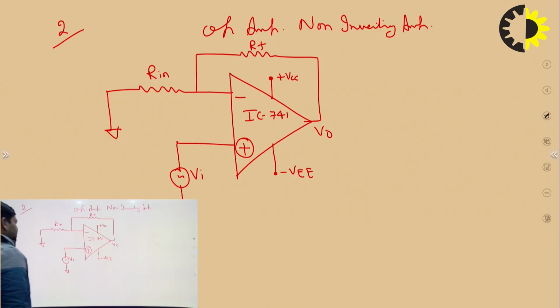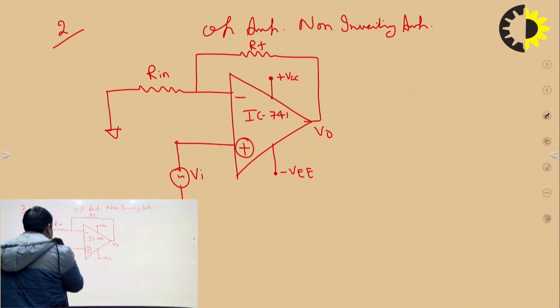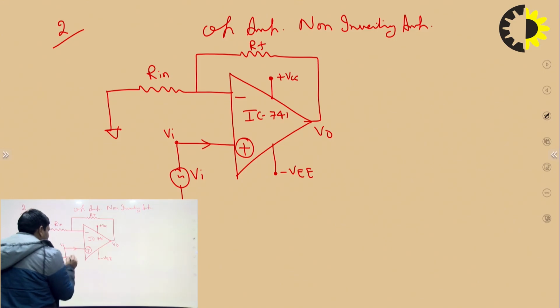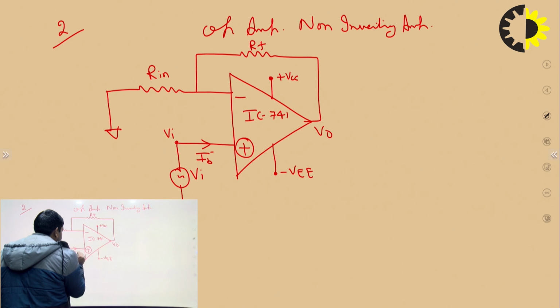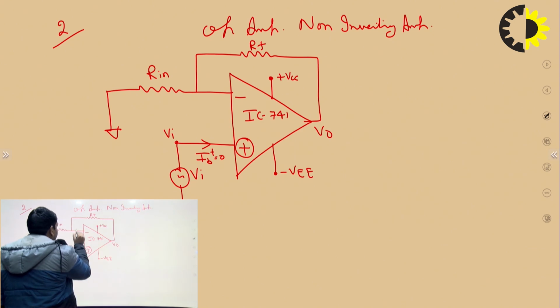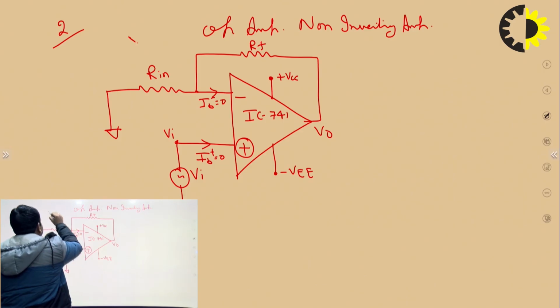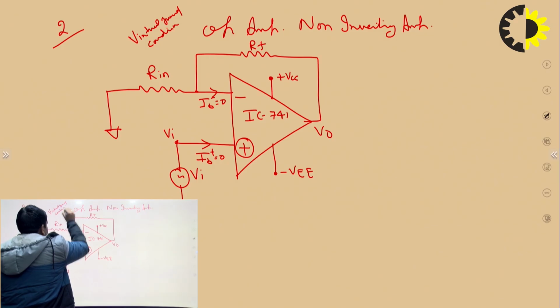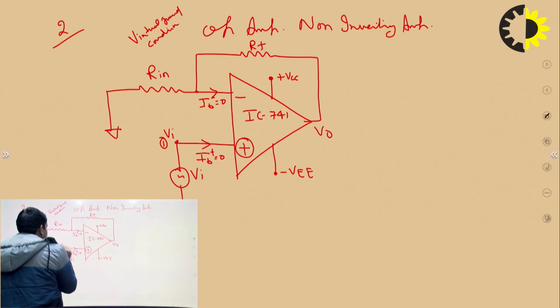Suppose this potential has voltage Vi, and the op-amp is ideal, that means the bias current should be 0 in the inverting and non-inverting terminals. So this potential is equal to this potential by using the virtual ground condition. By the virtual ground condition, the terminal voltage at point 1 is equal to the input voltage at point 2, which is Vi.